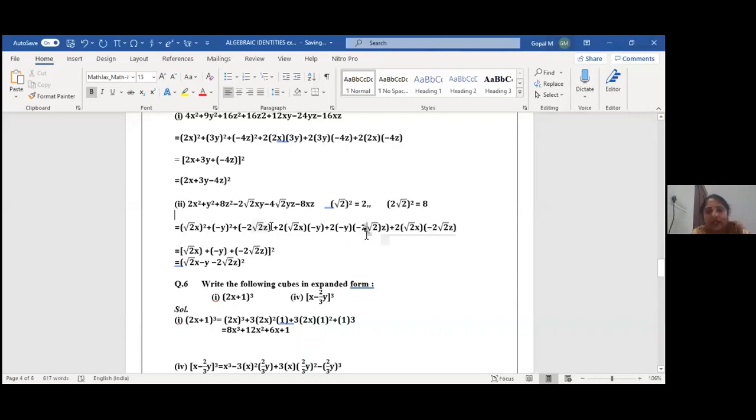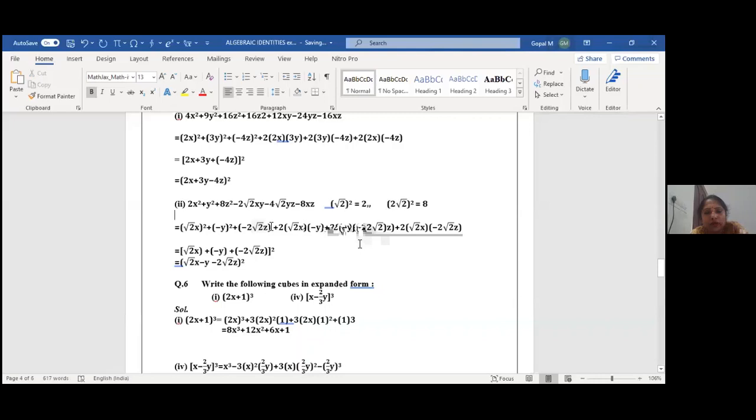C value is 2 root 2, so this is nothing but minus into minus. 2AB, 2BC.